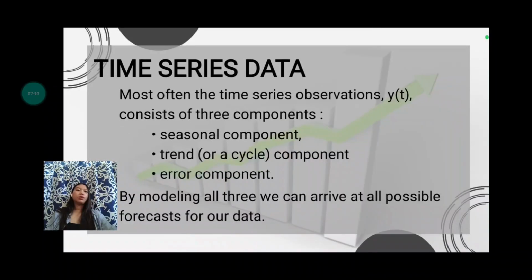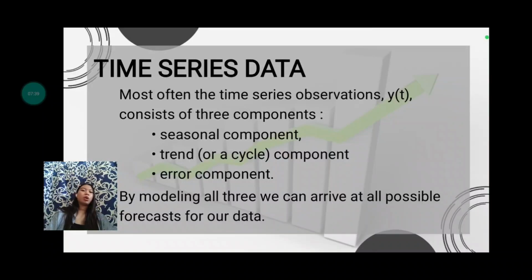So most often the time series observation Yt consists of 3 components: the seasonal component, the trend or cycle component, and the error component. By modeling all three, we can arrive at all possible forecasts for our data.